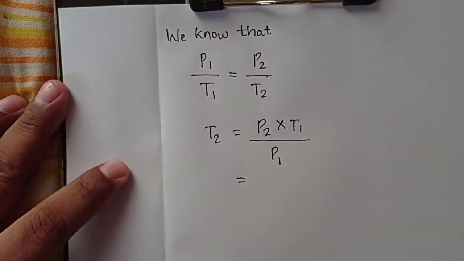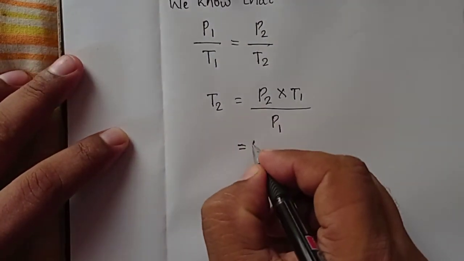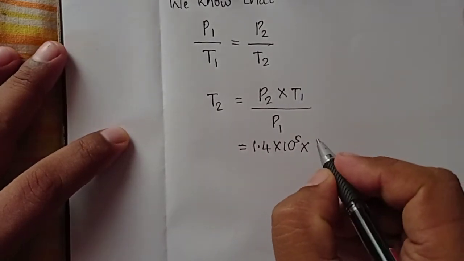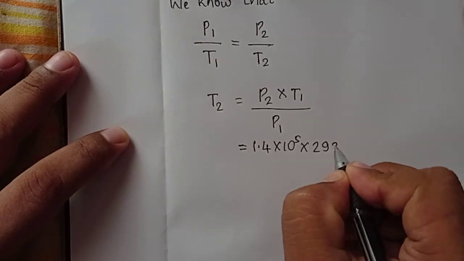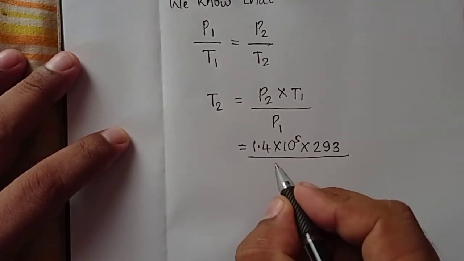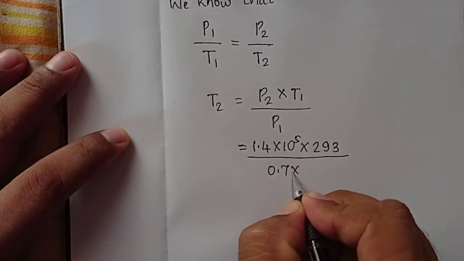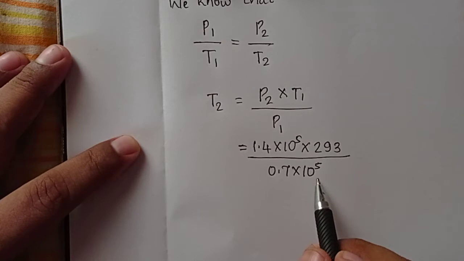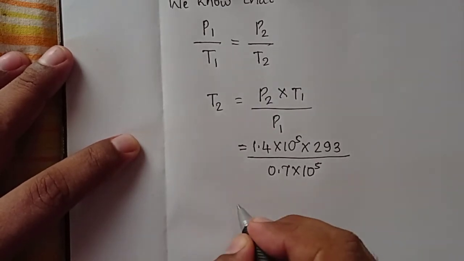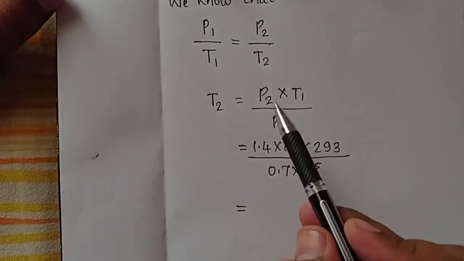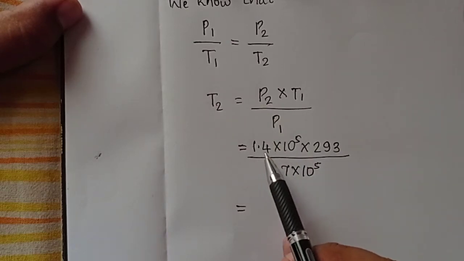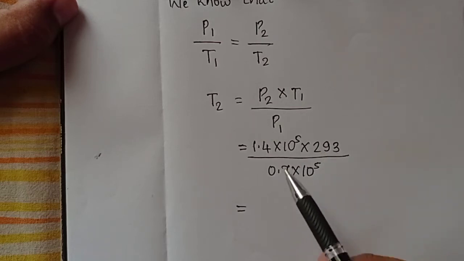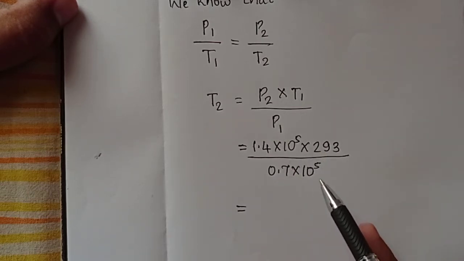So what is the value of P2? P2 is 1.4 into 10 to the power 5. T1 is given as 20 degrees, which we are converting into Kelvin, that is 293, divided by P1, which we know is 0.7 bar, converted into Newton per meter square, 0.7 into 10 to the power 5.